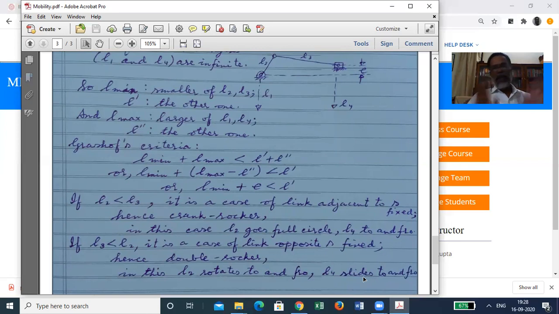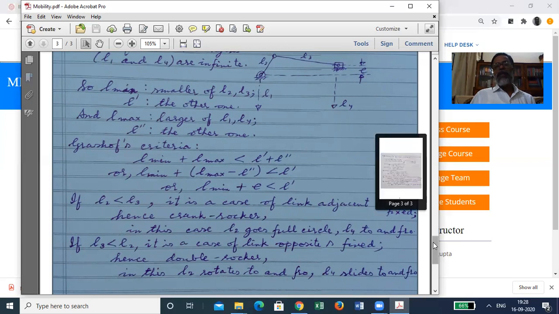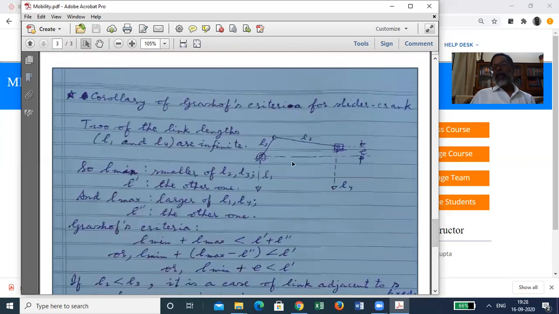So this is the corollary of the Grashof condition for the slider crank. So I think this completes the discussion on range of motion, that much discussion which can be done in this classroom.